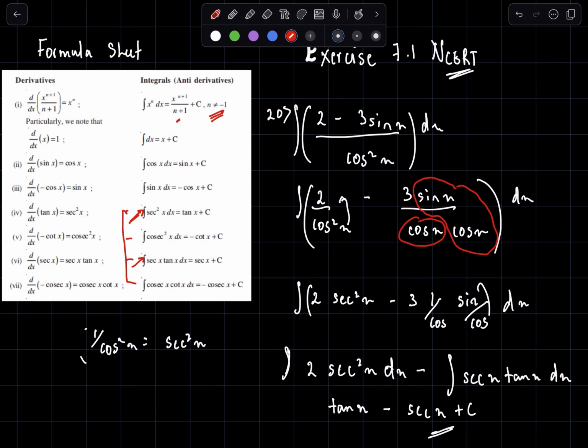There is an integral value for secant square x, but there isn't an integral value for tan square x. So you have to be aware of that. If you're aware of that, everything sorts out by itself. You don't have to worry about anything. All you have to do is make sure you can identify. You don't have to know what the exact formula is. You can identify and go back to the formula sheet. That is the most important thing in this subject.